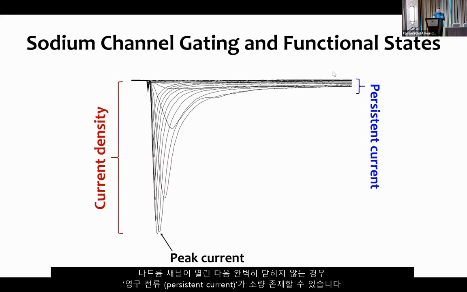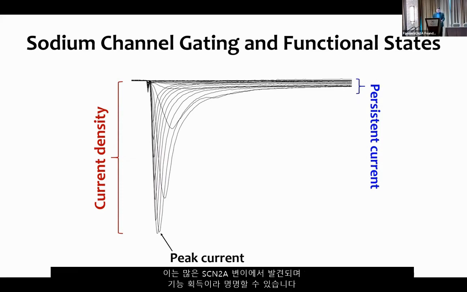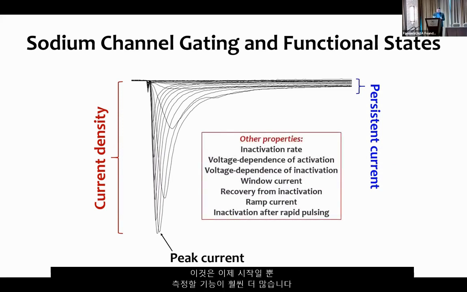There are also some really nuanced properties. If the channels don't completely close after they open, you might have a small amount of residual current that we call persistent current that has also been identified in many SCN2A variants that we would label as gain of function. This shouldn't be there. This is an abnormal property. Now, that's just the very beginning.